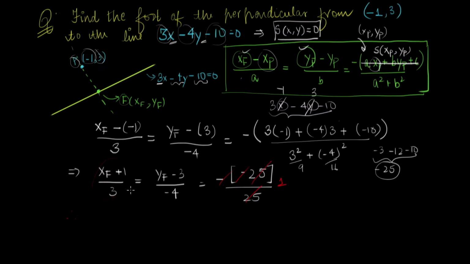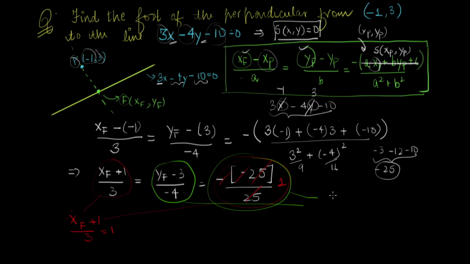Therefore, if we consider the first relation here, then we have (x_f + 1)/3 = 1. And the second relation, the one that relates y to the constant, we have (y_f - 3)/(-4) = 1.